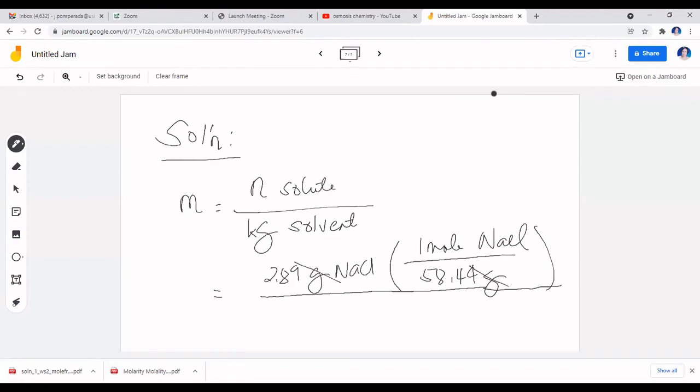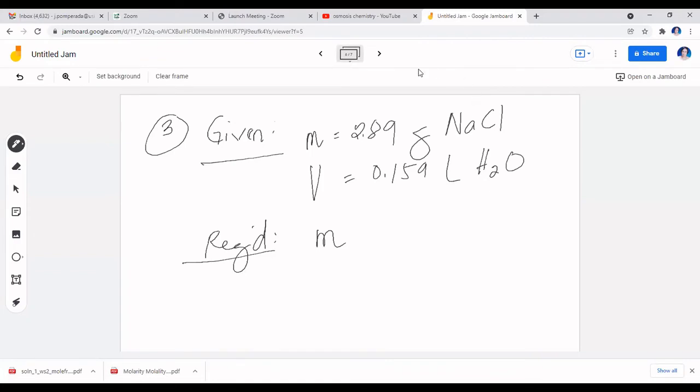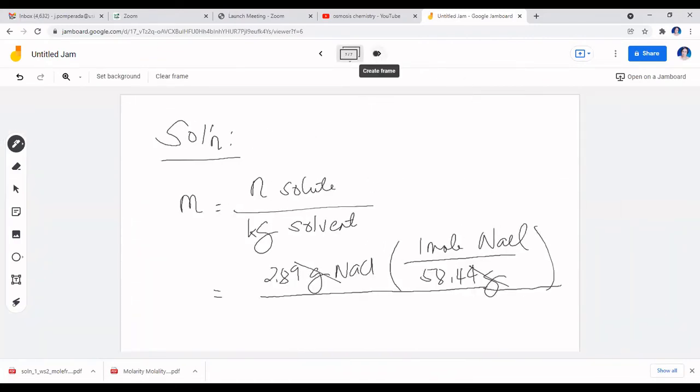Now what about the denominator? It says here that you are to use 0.159 liters of water. So I'll start with it. 0.159 liters of water, water being the solvent. And the problem gave us the density of water, which is 1 gram per ml.